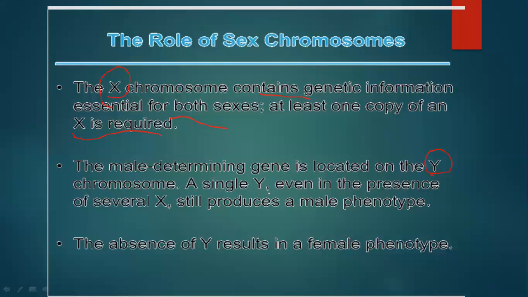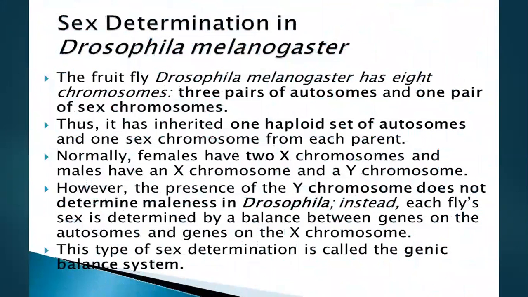A single Y, even in the presence of X, still produces the male phenotype, and the absence of Y means that it is a female. So if we talk about X chromosome, that is female, but if Y is there, that is the male. If Y is not present, X will be the female chromosome.